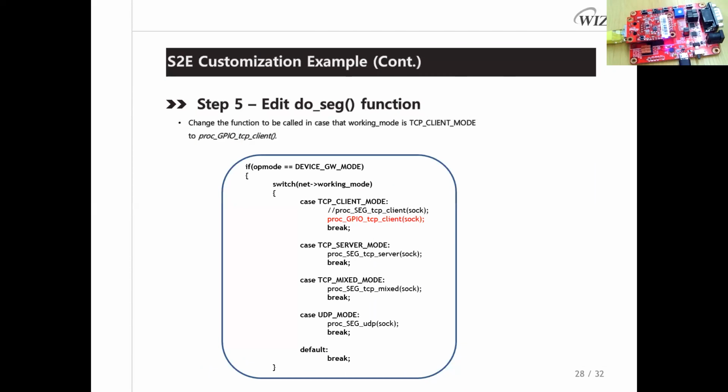Next, modify the do SEG function. Originally, the do SEG function called proc SEG TCP client in case of TCP client mode. So we needed to change it to proc GPIO TCP client.